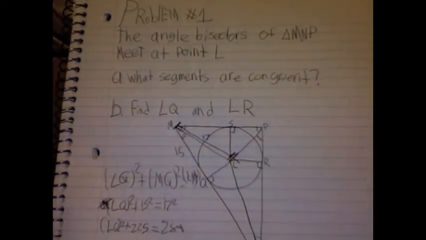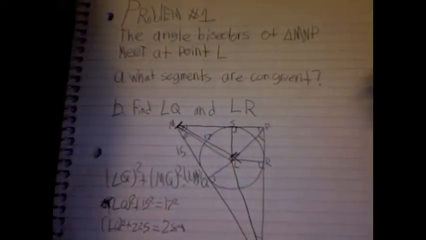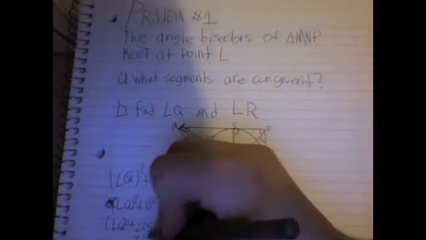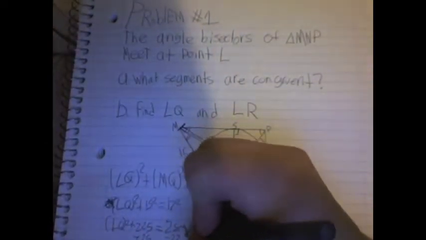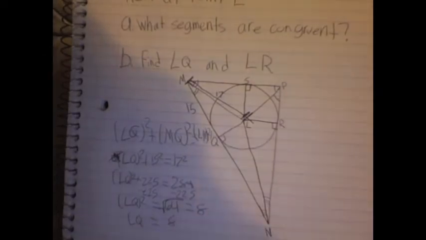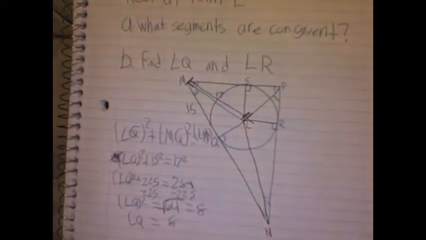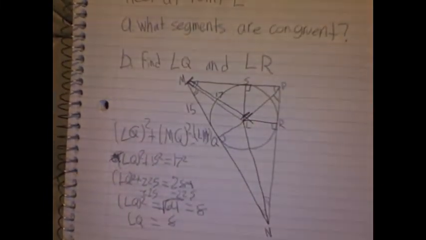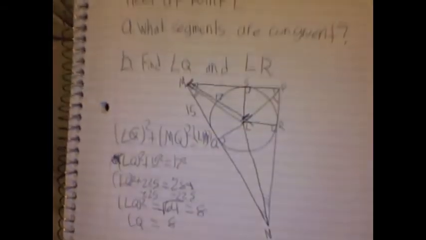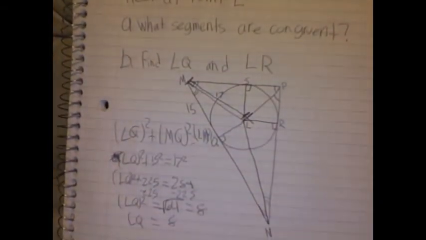Next, you subtract 225 from each side. If you subtract from both sides here, you get 64, and LQ squared is still here.